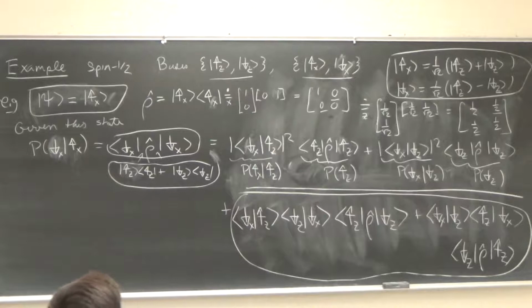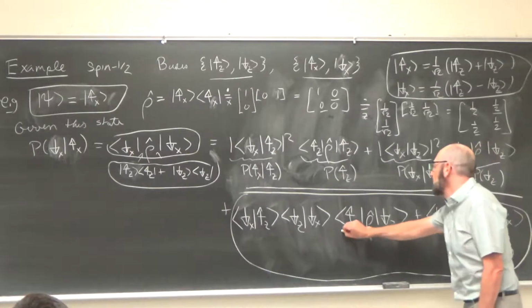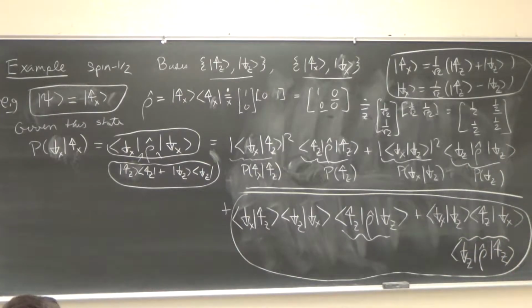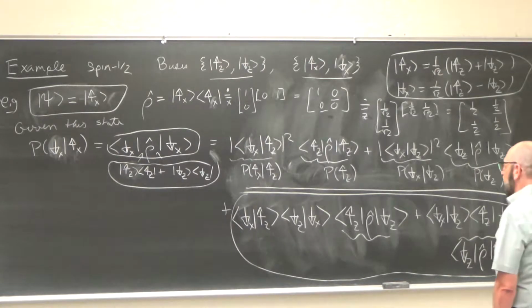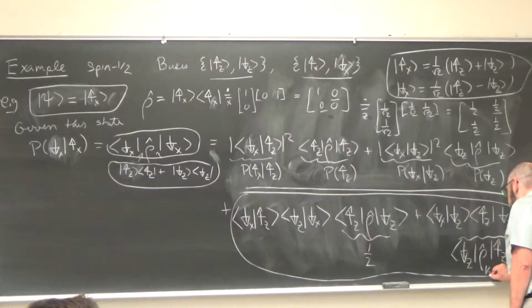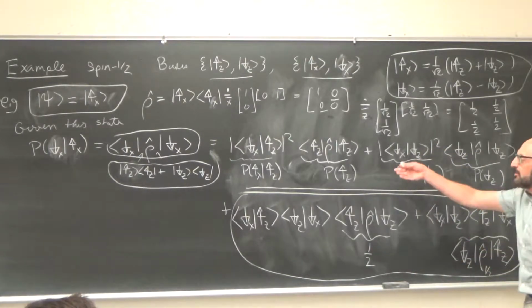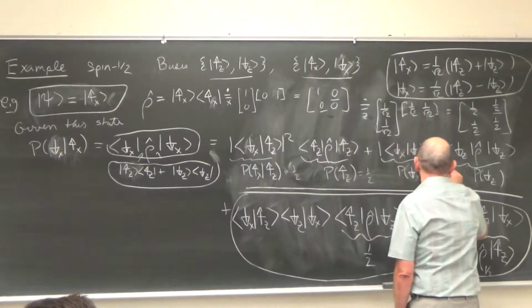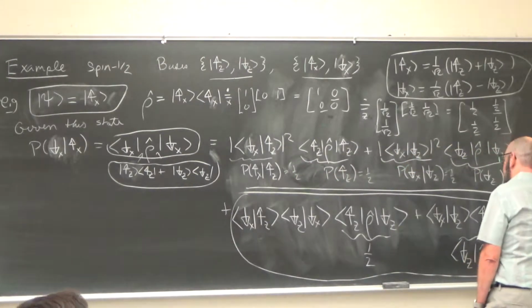And those second terms in the sum, as you see, include the off-diagonal matrix elements of the density operator with respect to that basis. And each one of these guys is a half. In this case, this is a half, this is a half, this is a half, this is a half, as you count in the list.